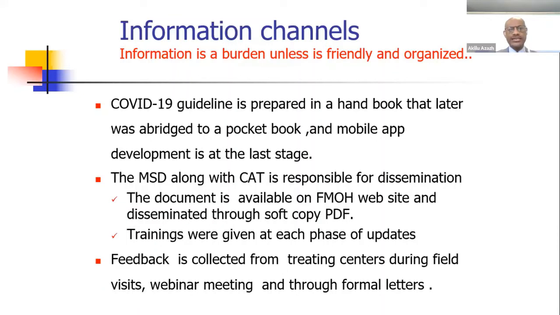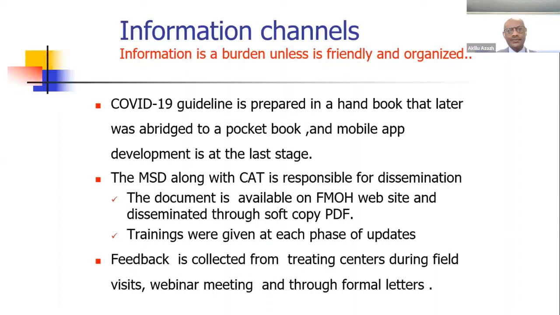In the COVID-19 guideline preparation context, initially, because the experts were not experienced in guideline development, they prepared a handbook with hundreds of pages. Therefore, its utilization by the users or professionals was very difficult, and later on, it was abridged or contextualized, the volume was minimized, and a pocket book was prepared.